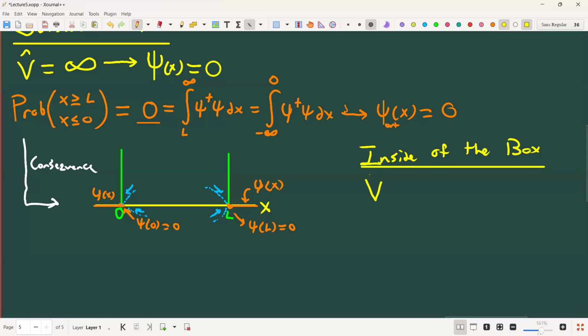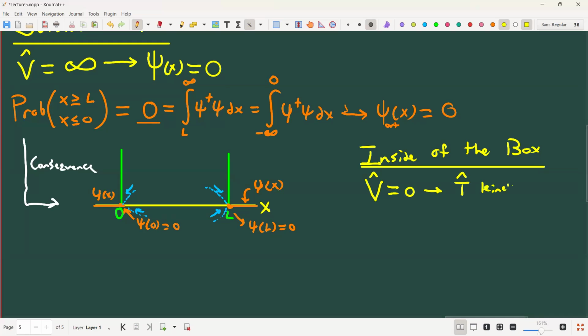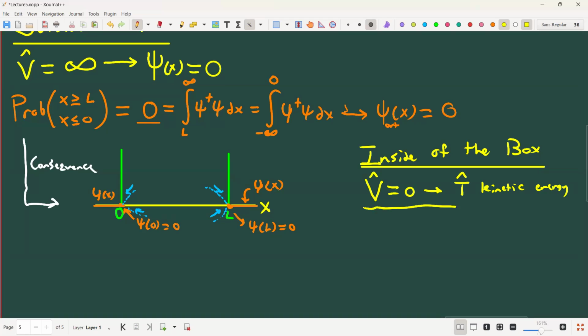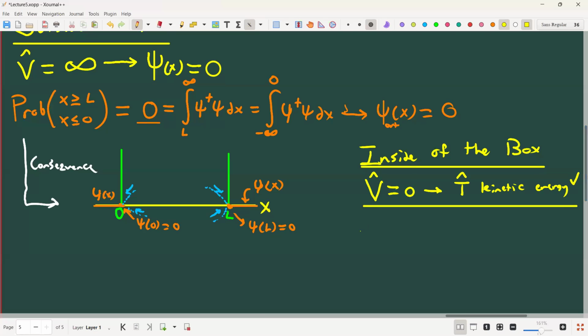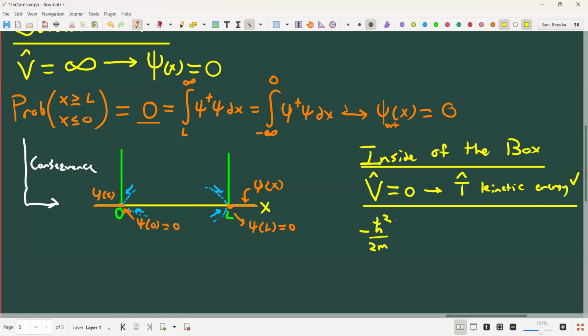Inside the box, the potential is 0. Which means that the only thing that matters is the kinetic energy. So the equation that we need to solve is exactly the same as we had for the free particle.